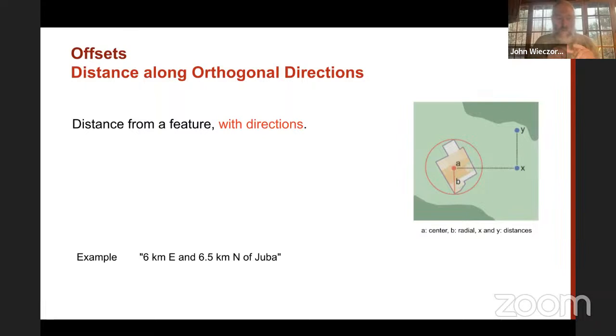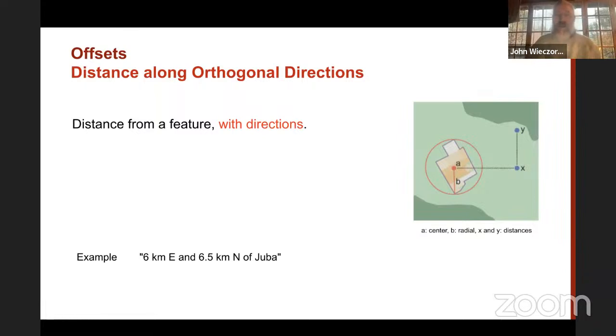In other words, we interpret that description at the bottom, that example, to say, go 6 kilometers due east. Do not waver from east. And then go 6.5 kilometers due north from there without wavering from north to get to our endpoint.